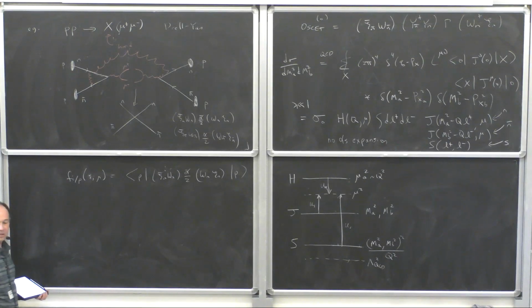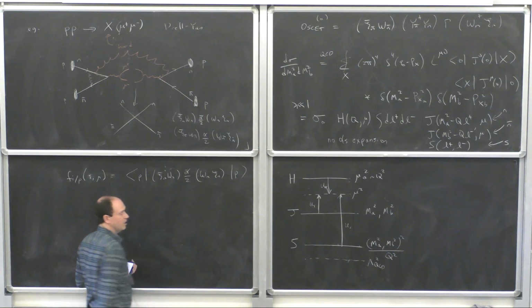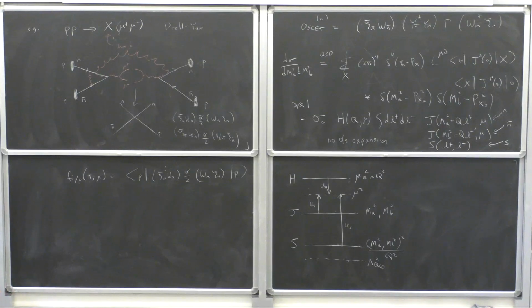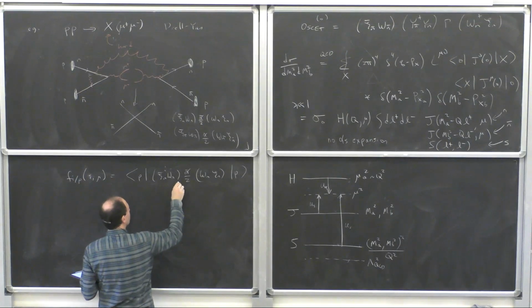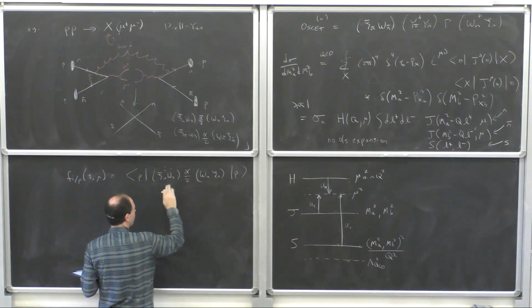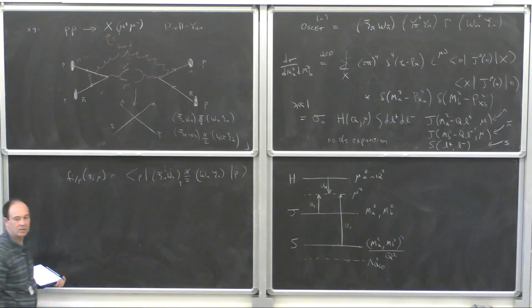In particular, it makes sense to talk about the amount of momentum that each of those parts carries. Overall momentum conservation in the matrix element does not constrain anything but the sum. So it doesn't tell me how much is carried by this part of the operator or that part. And so there's a free variable, that split, and the free variable is this ξ.